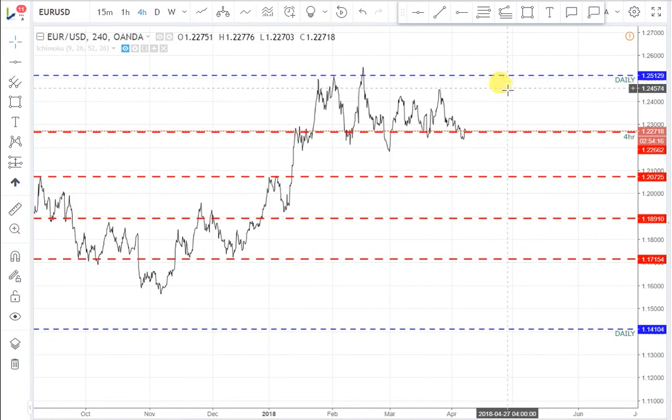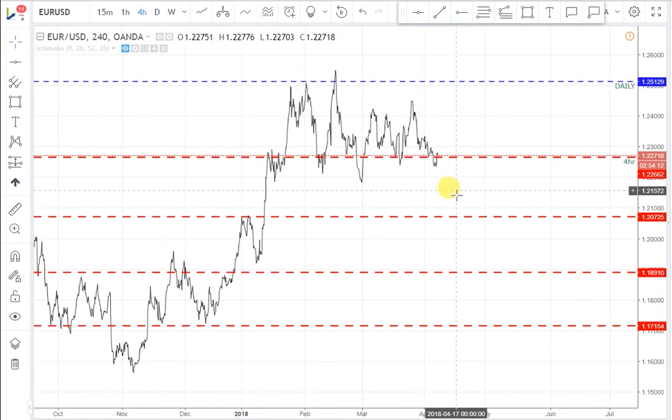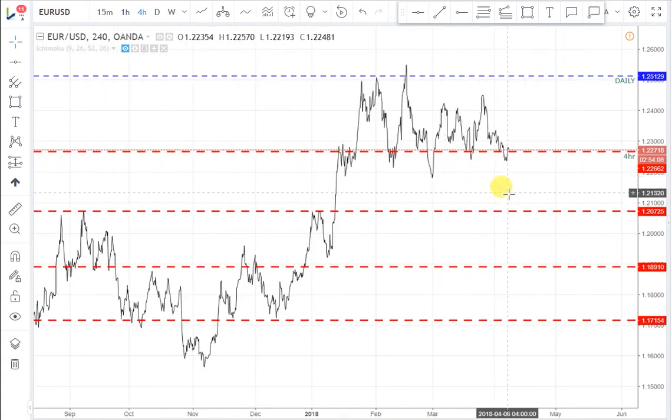So you'll get a good idea of how the market can change around these levels and how to possibly play them, especially when you get into how to trade support and resistance, which is another video, using price action and other tools and a combination of other indicators, things like that.